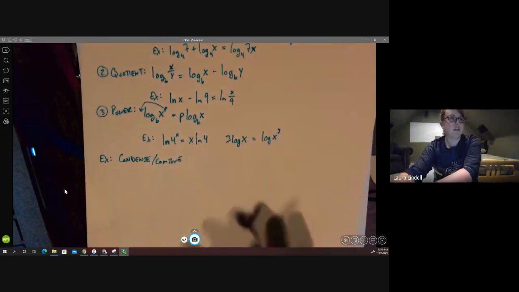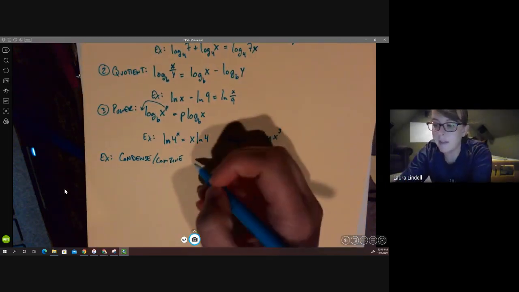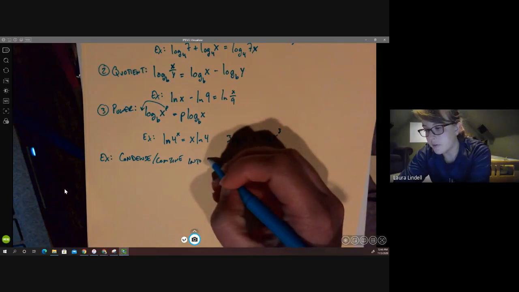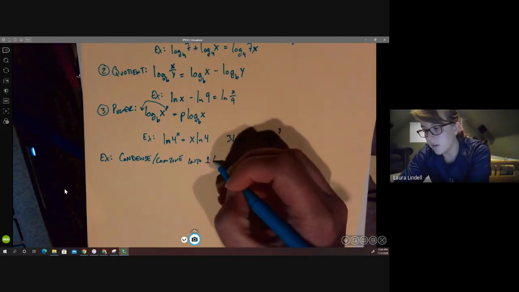So this example is going to involve condensing and combining things into one logarithm.